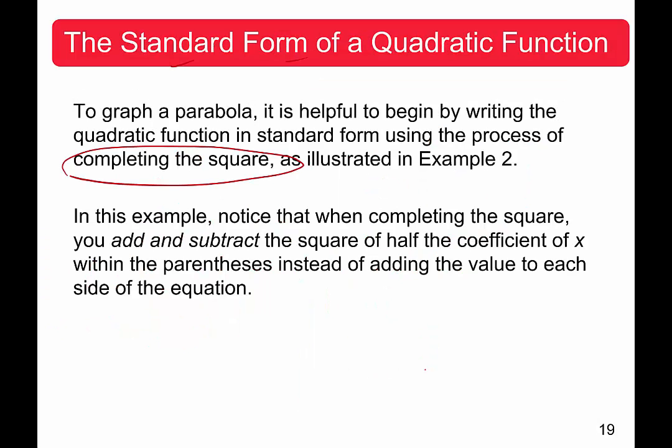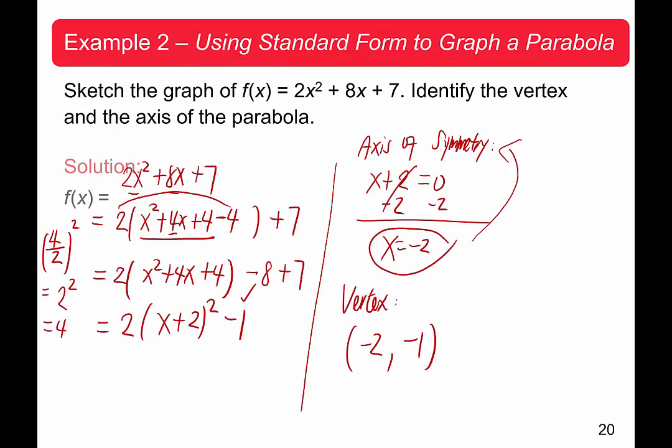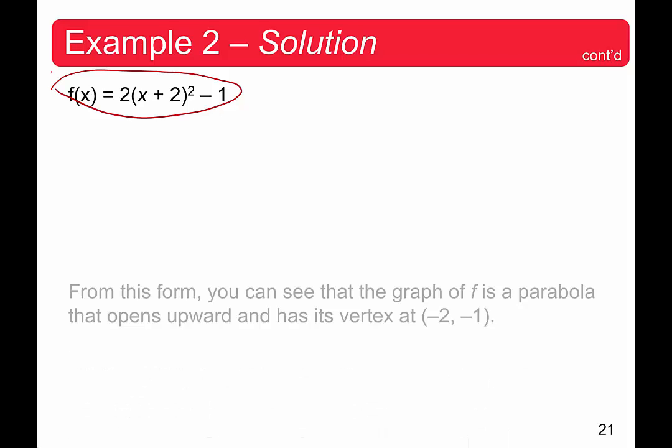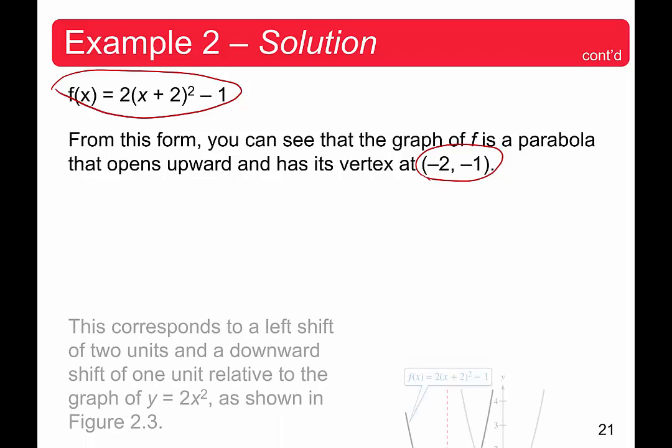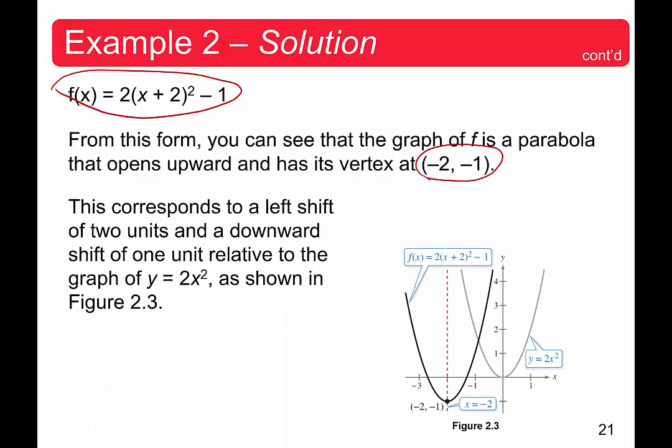And that's how we get it, by completing the square first. And once you do that, you'll be able to find the axis of symmetry and then the vertex. So now we have this parabola or quadratic function in standard form. Now with the vertex, we already figured that out. And now if you look at the graph here, the transformation from y equal to 2x squared is shifting to the left 2 units.